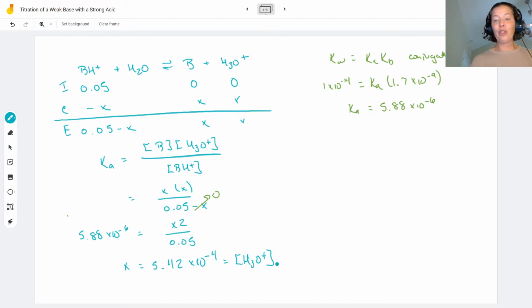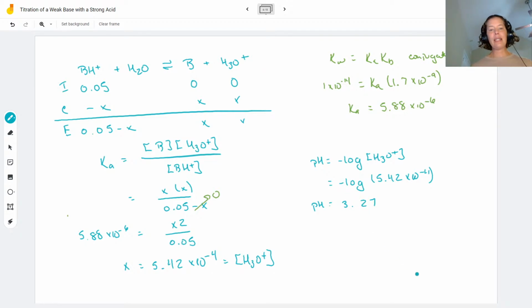I'm just going straight to pH. Okay, hydronium concentration. So I have negative log of 5.42 times 10 to the negative 4th to get my pH. And I get a pH of 3.27.